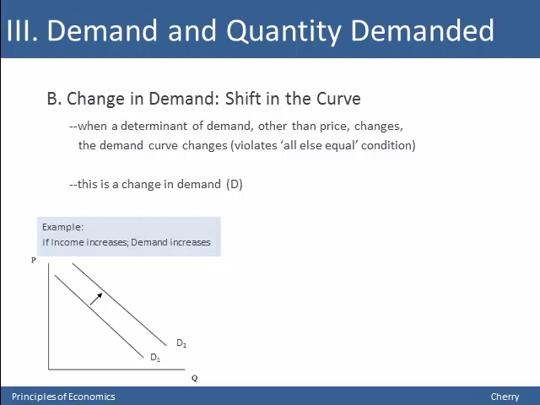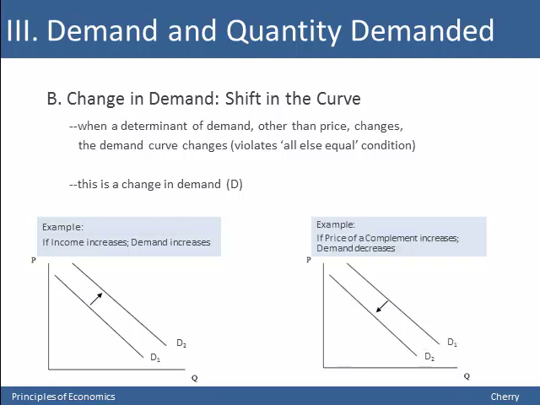So for example, let's say that income increases. That's something other than price, so the demand curve has to be redrawn. And if income increases, that means, for a normal good anyway, demand increases. So that's represented by a shift out in the curve, a shift to the right.